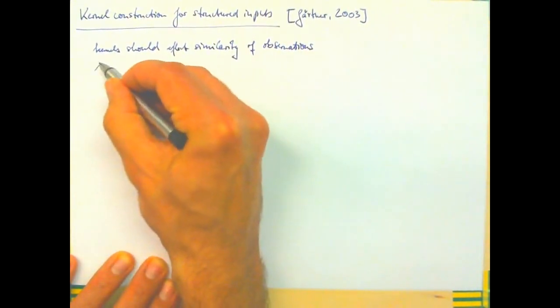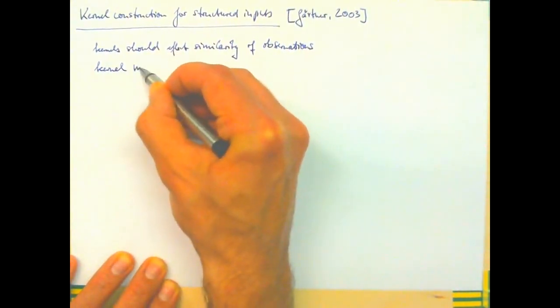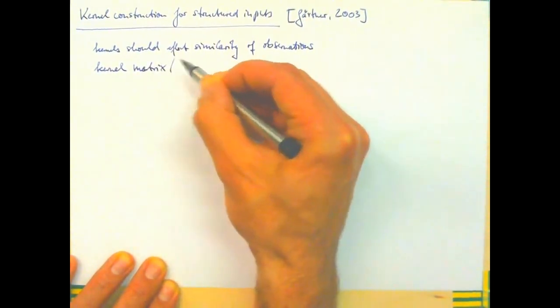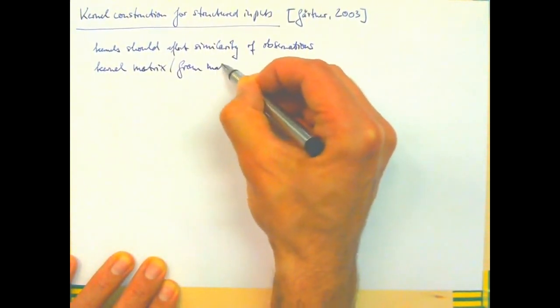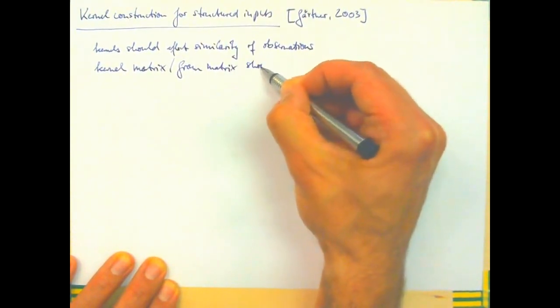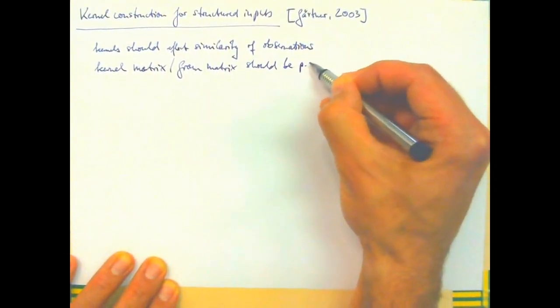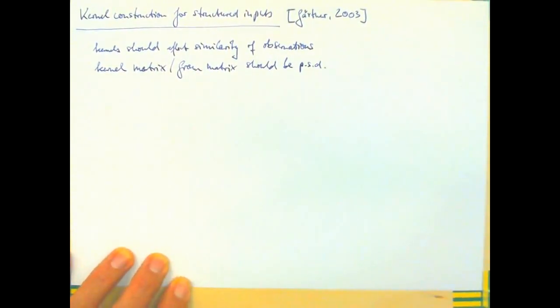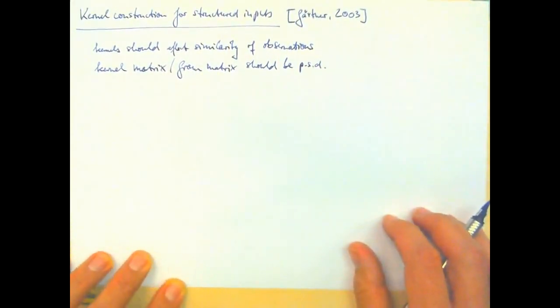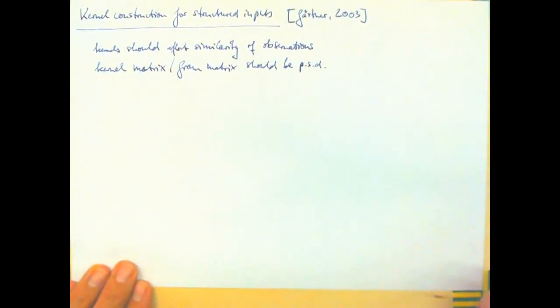And the kernel matrix, or the Gram matrix, should be positive semi-definite. Now these are the only requirements that we have, and you can now conjure up all different kinds of similarity measures.